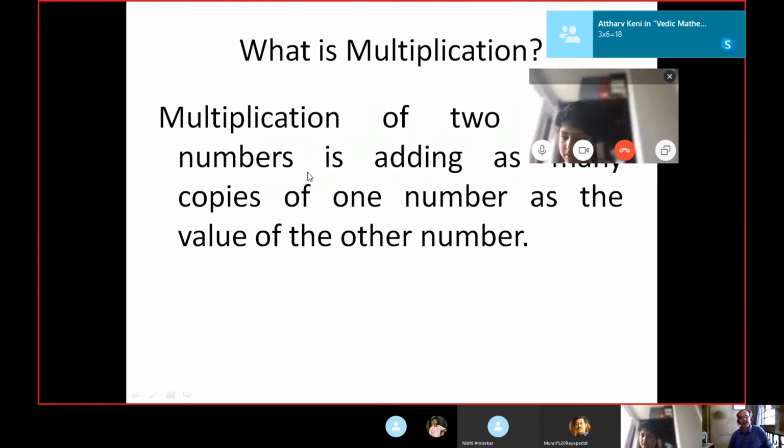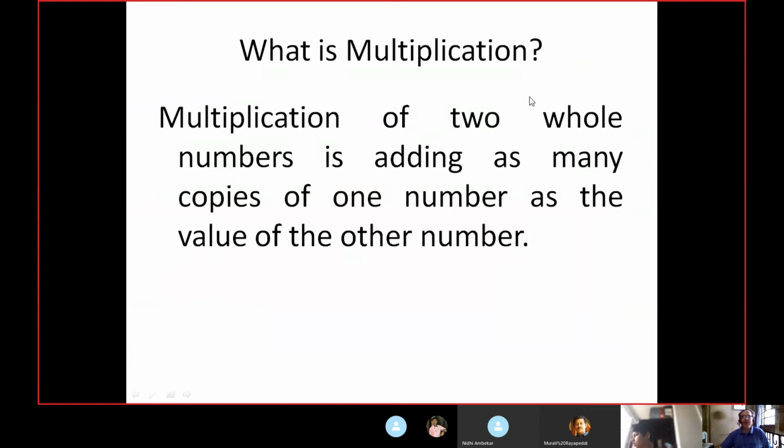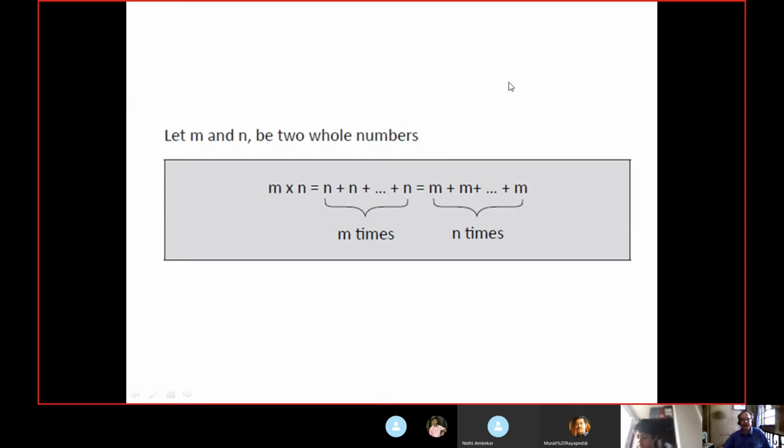So, let me show you what is multiplication. What's the definition of multiplication? Multiplication of two whole numbers is adding as many copies of one number as the value of the other. Wait a minute, it's hanged.